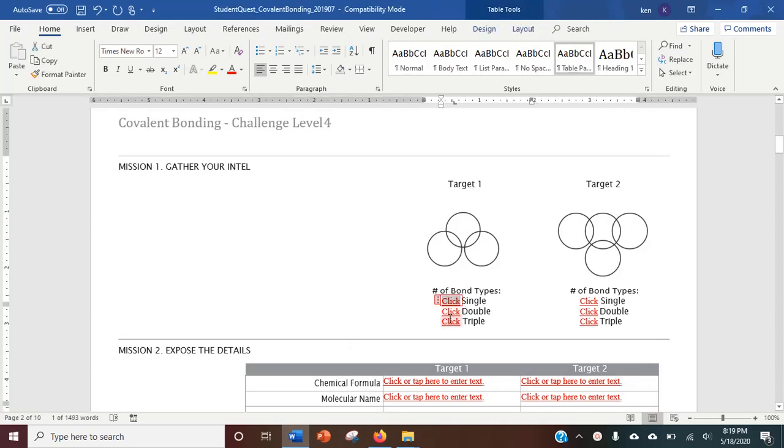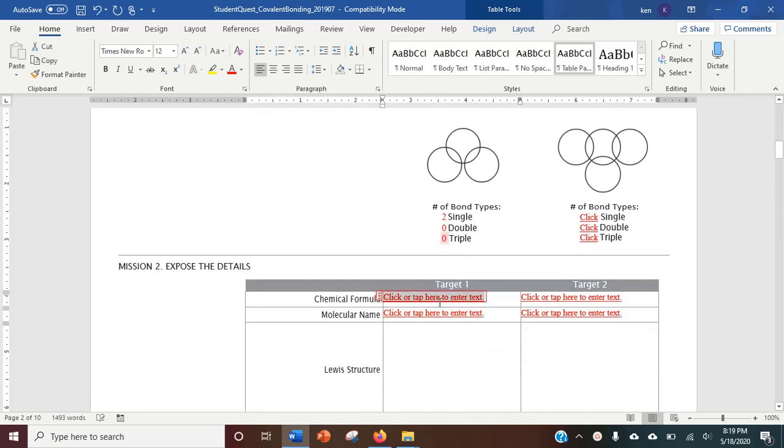We see 2 single bonds, 0 double, 0 triple. To type in the formula, you type H, then the subscript. You click this to type 2, then S. For the molecular name, if you forgot, look up the rules again, or you Google the name for H2S. This is hydrogen sulfide.